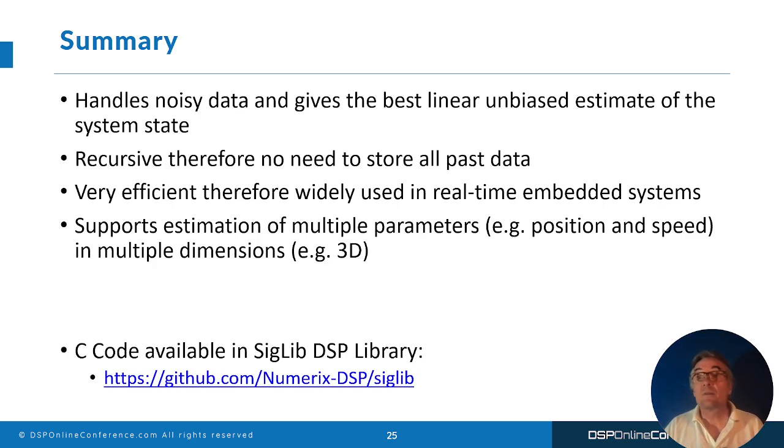Very efficient in terms of multiplications and so on. And it supports estimation of multiple parameters, position, speed, etc. in multiple dimensions very, very easily. Very easy to expand the basic algorithm which I provided you with the code.